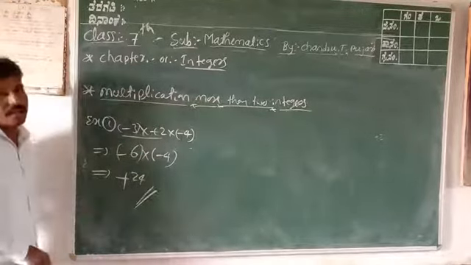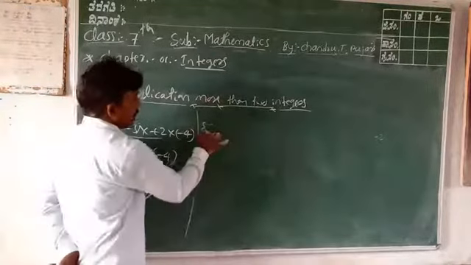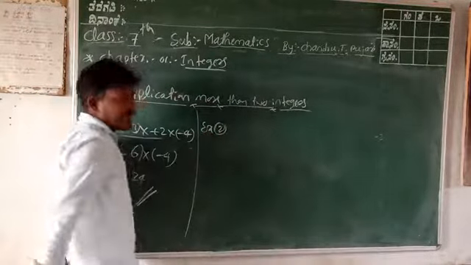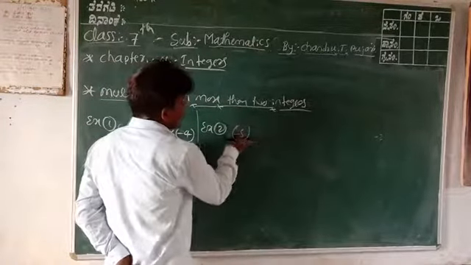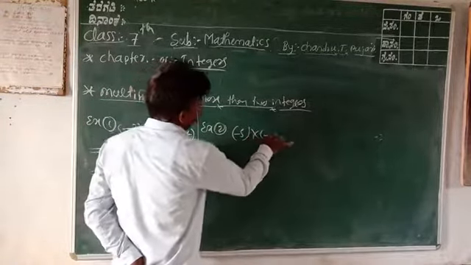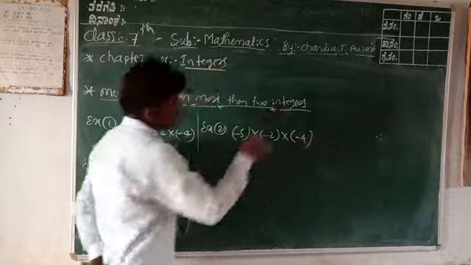Your answer is plus 24. Then next, example number 2. Multiplication of more than 2 integers: minus 5 into minus 2 into minus 4.